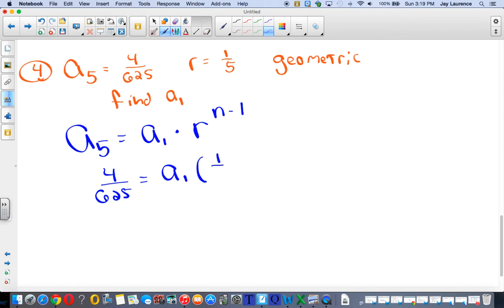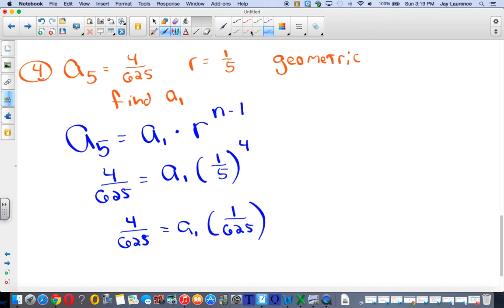R is going to be 1/5. 1/5 is going to be raised to the 4th power. Okay, so I'm going to get 4 over 625 equals a sub 1 times, and I think that this is going to be 1 over 625. I think that's right. Yeah.